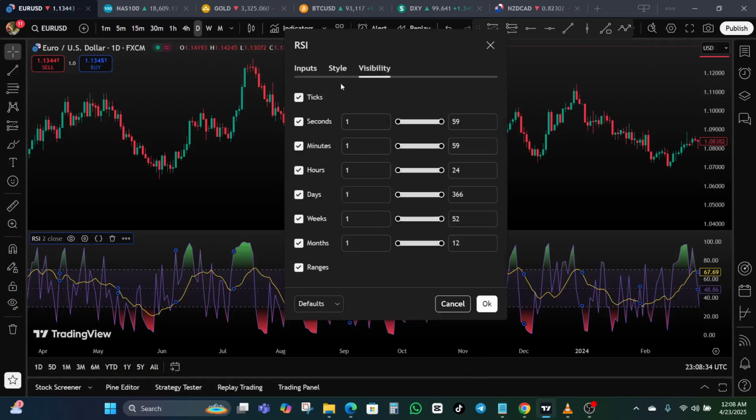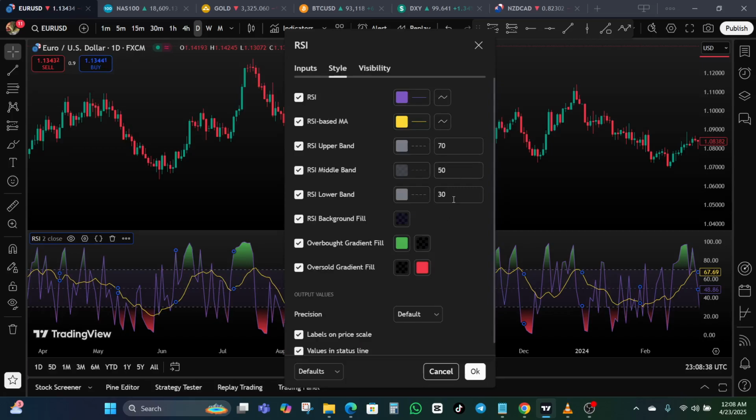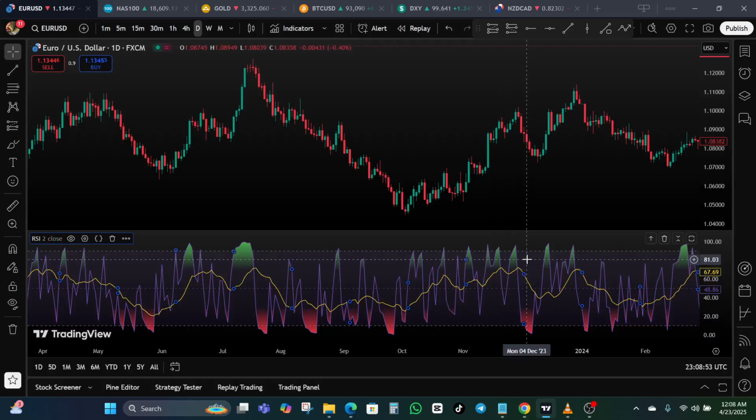You would have to change the overbought and oversold levels, that is the RSI upper band and RSI lower band. You're going to change the upper band to 90 and the lower band to 10, because we're talking about extreme levels here.